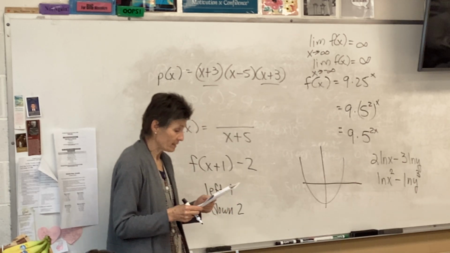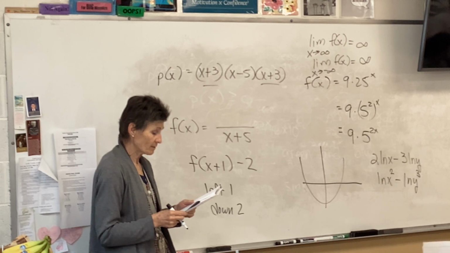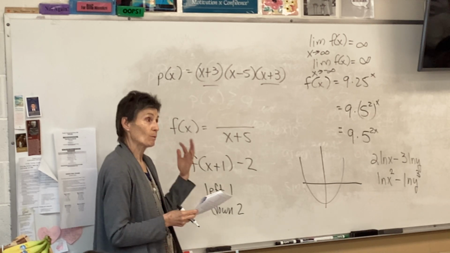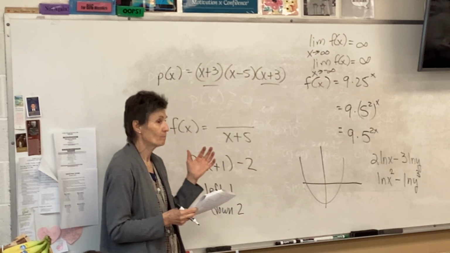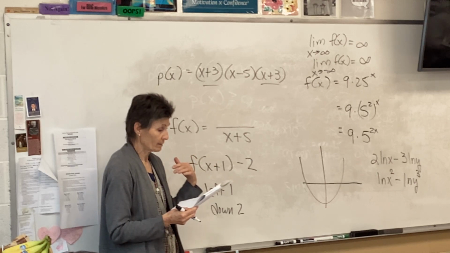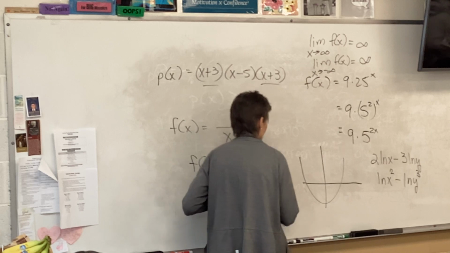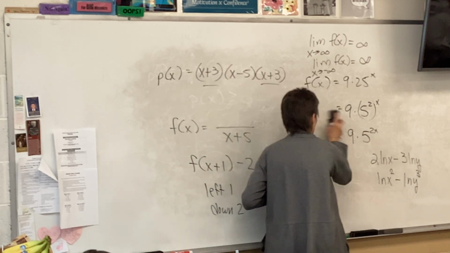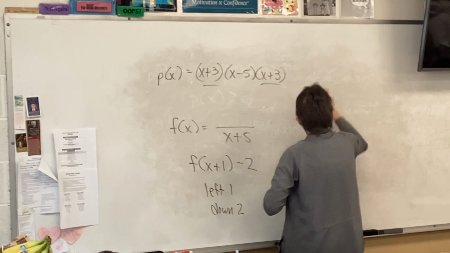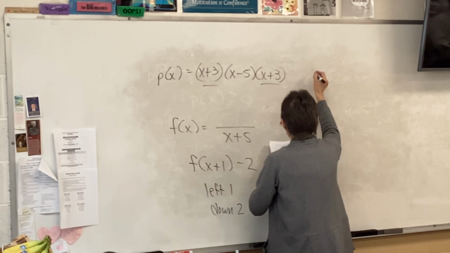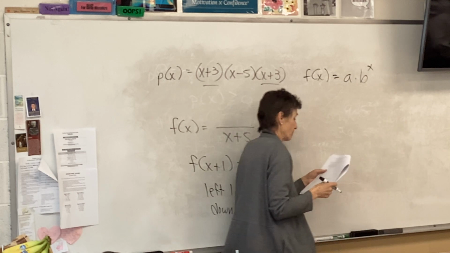Number 10 already. Here we go. The exponential function table gives us which of the statements is true. Now remember, this is no calculator. So if you think, oh, I'll just do a regression, no, this is no calculator. So we got to figure out what's going on here. A times b to the x.